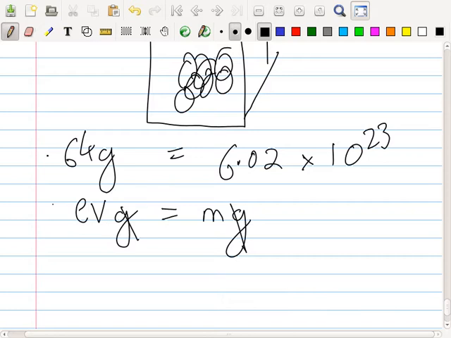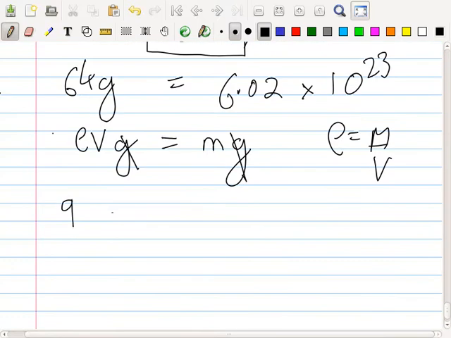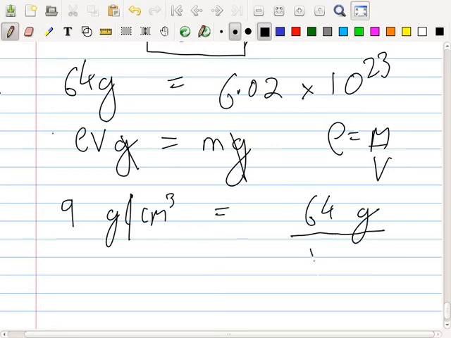So here I have the mass. Density equals m over v. So my density is 9 grams per centimeter cubed, which equals the mass, 64 grams, over the volume.